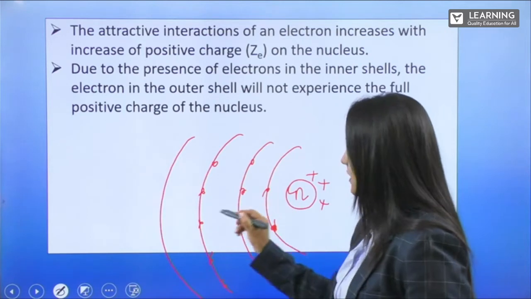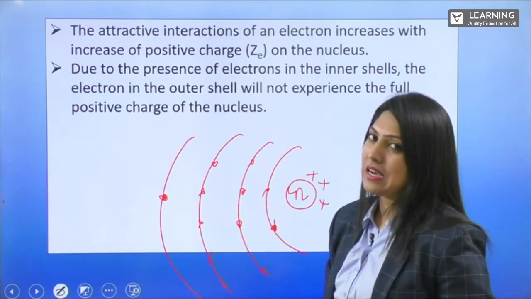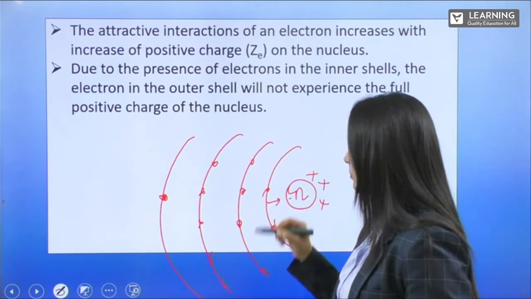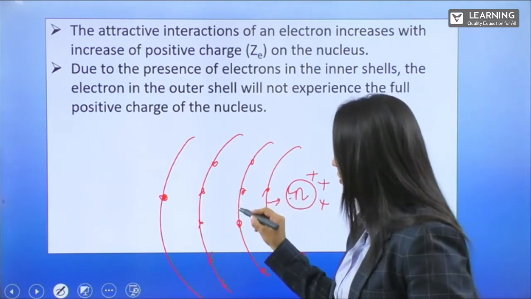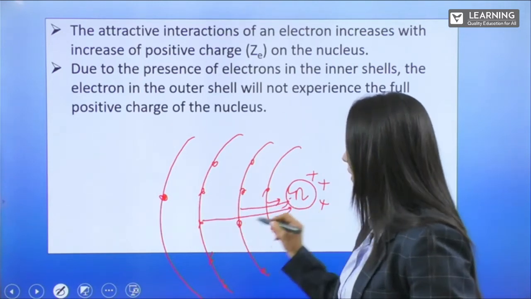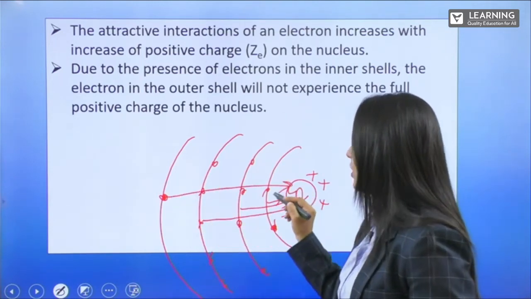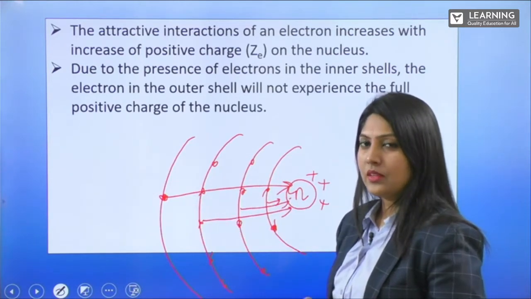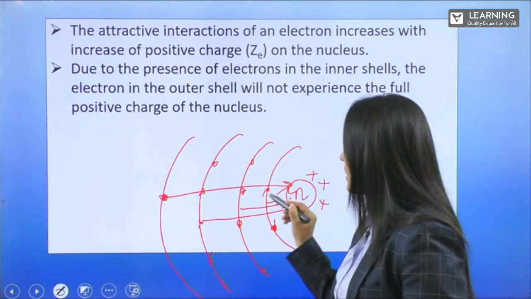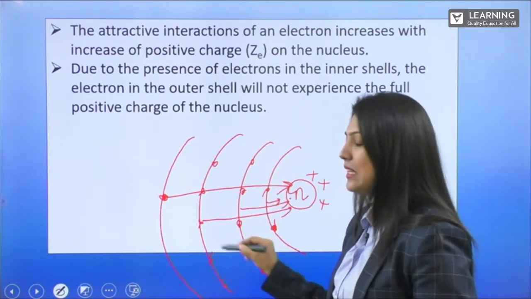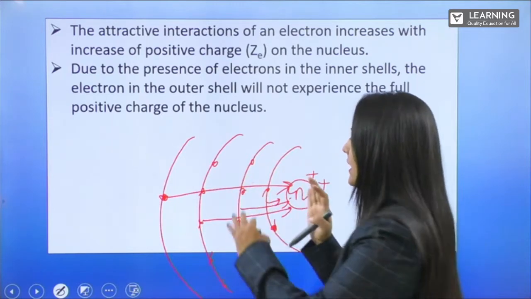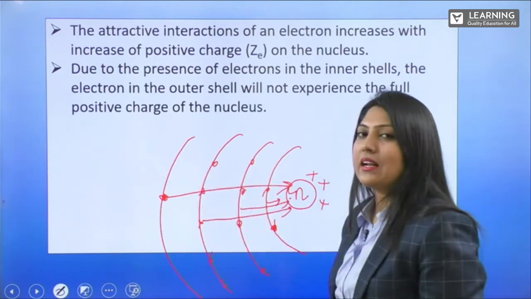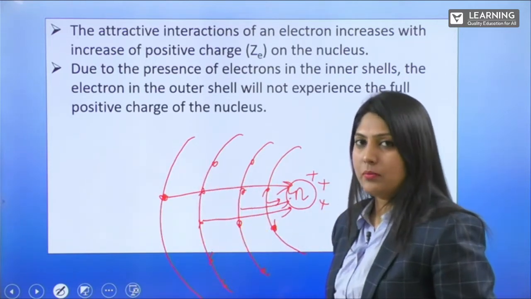So if I have one electron in the last orbit, then the attraction between the nucleus and the first orbit is more than that of the third orbit, and the last orbit will not have the same attraction from the nucleus. It will be less, because the electrons in between will be crowding or overlapping, and the nucleus cannot get the attraction for the last orbit.